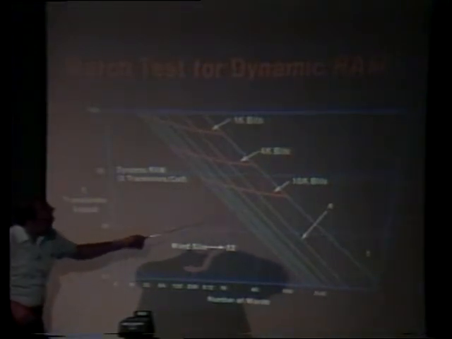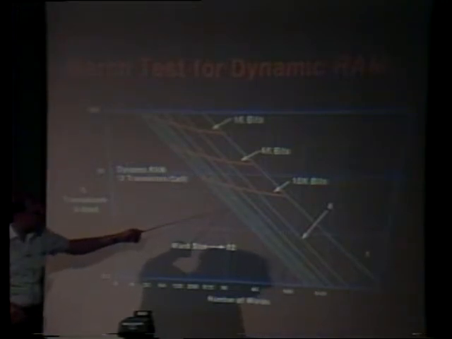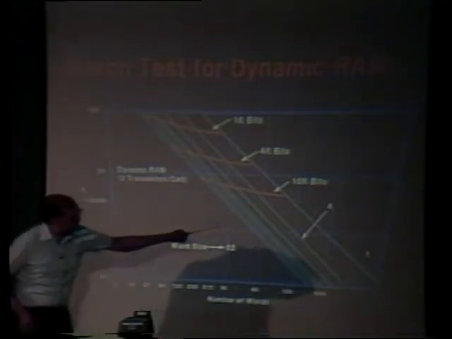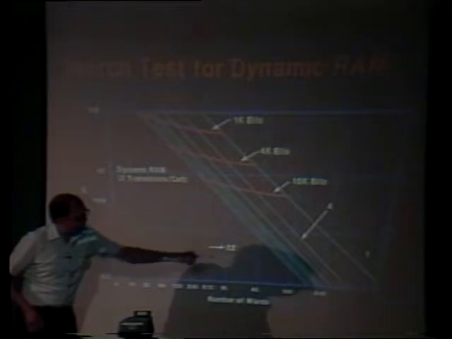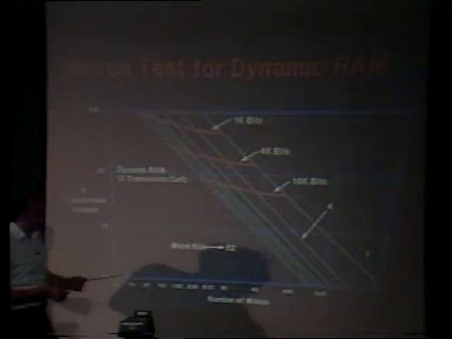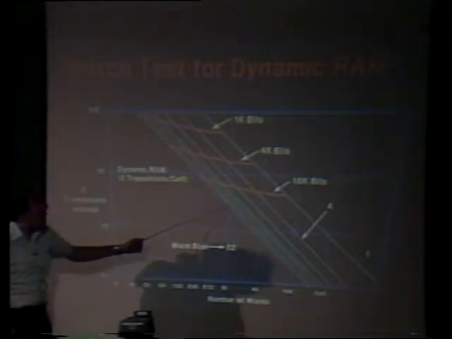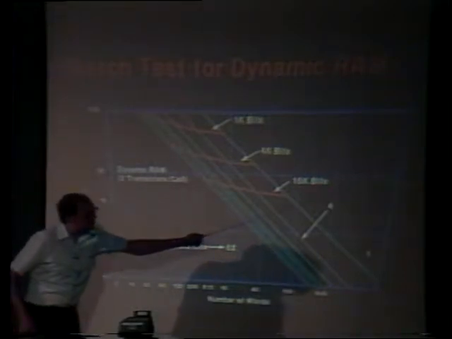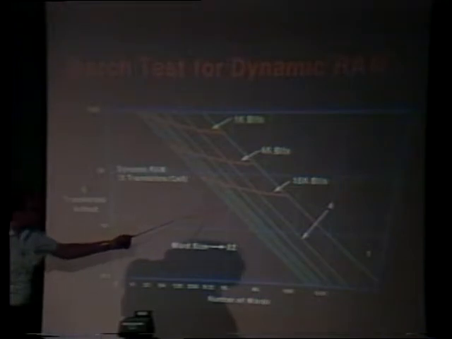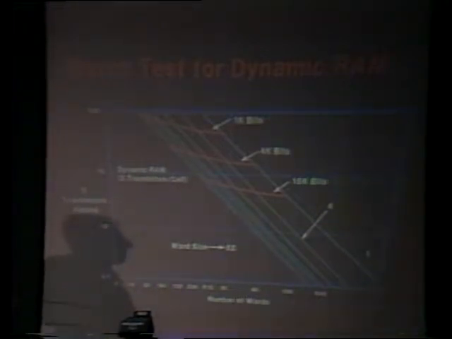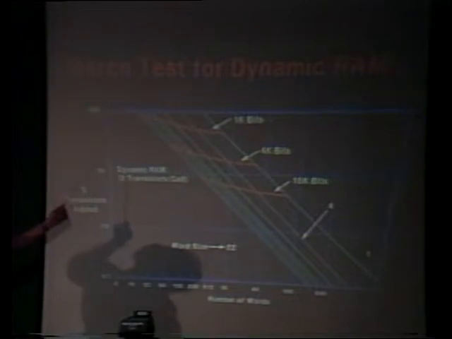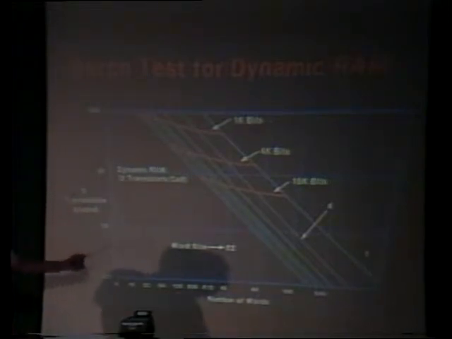We have several curves here because this is a 1 bit by 1K RAM. This one here is, I think, 32 bit by 1K RAM. I'm sorry, it's the other way around. This is for the 32 bit by 1K RAM, and this one is for the 1 bit by 1K RAM. So for a good size RAM, we can see that the cost is in the region of 2% or so added transistors. And as I said, this was done when I didn't know how to do it well. If I were to redraw this again, the curve would be somewhere here.